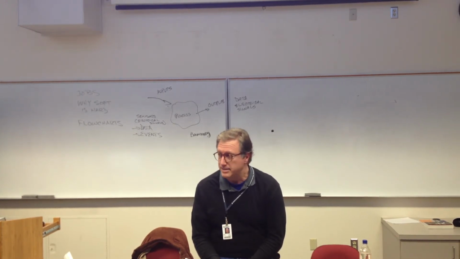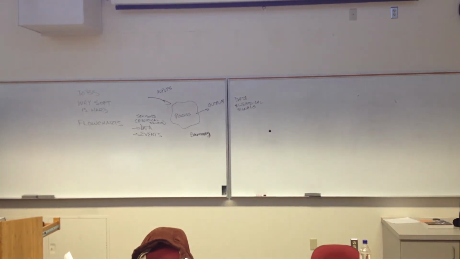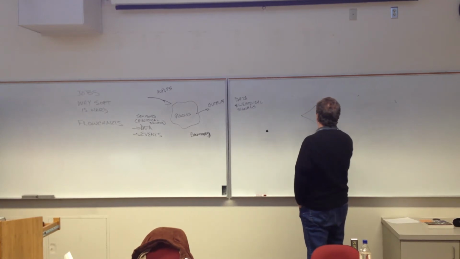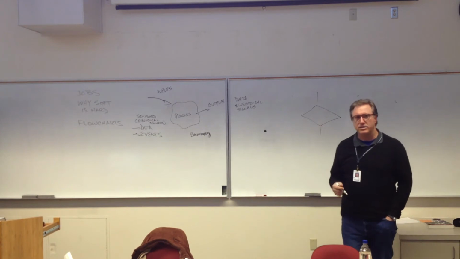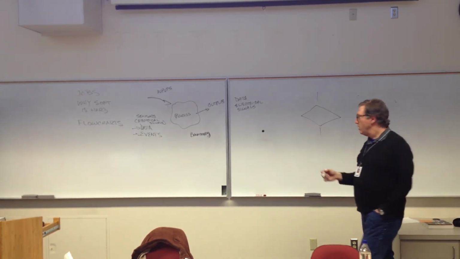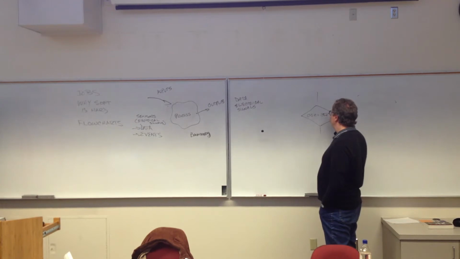That's called a test or a conditional. In a flowchart, conditionals are drawn as diamonds. And the diamond usually has a yes or no question in it. So, like, is oven equal to 350 degrees?